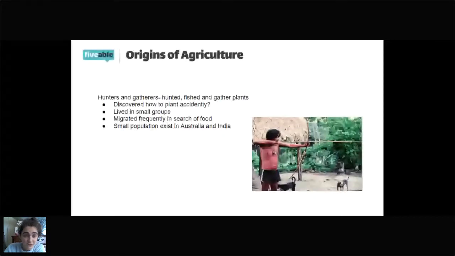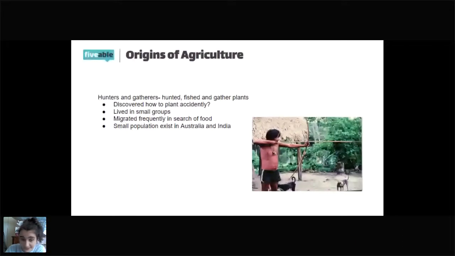Before agriculture, people would obviously migrate a lot because there was no food and they were just looking for food to survive, right? Hunters and gatherers still exist in today's world, in Australia and India specifically, but they don't exist because there's a lack of food supply. That is not the reason.